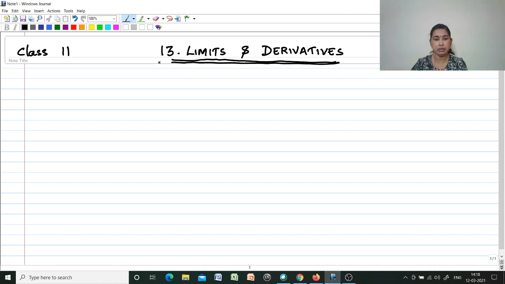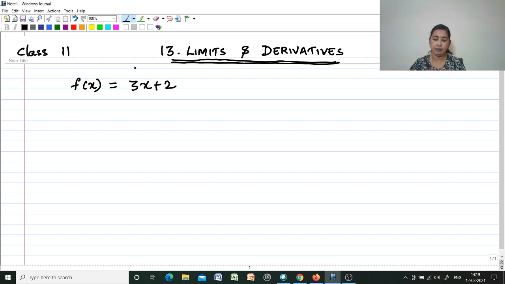Moving on to this chapter, before that we studied in chapter 2 about domain, range, and what a function is. There we know that a function means f of x equal to, let it be, 3x plus 2.